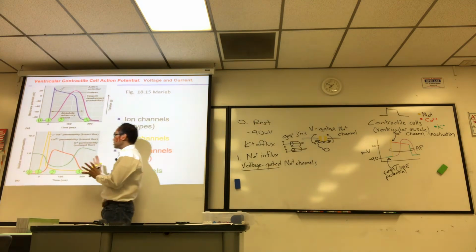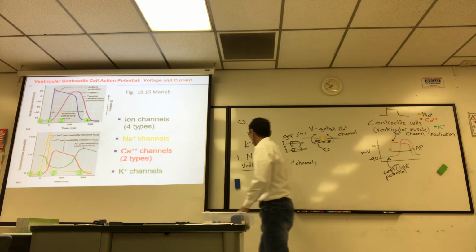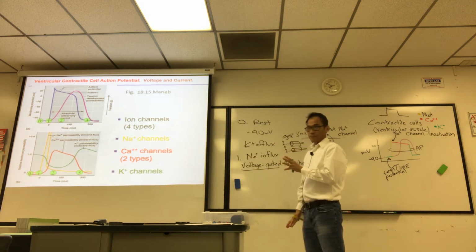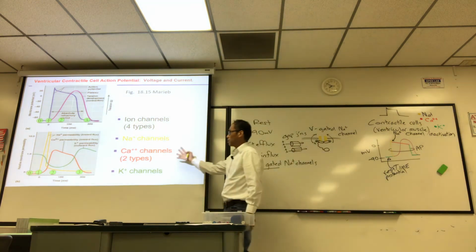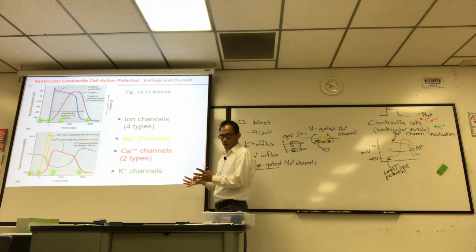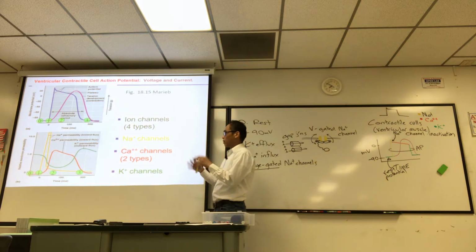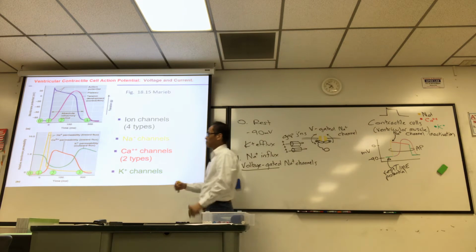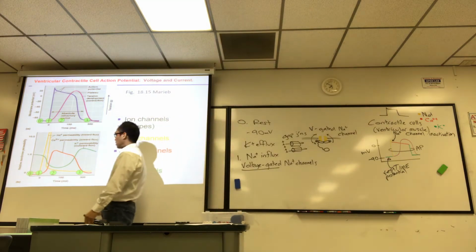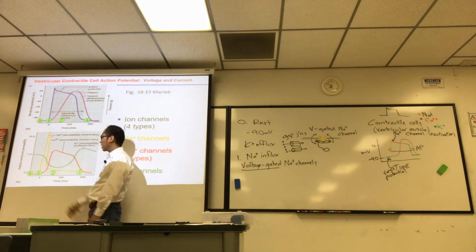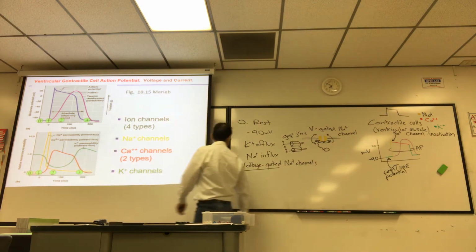So these sodium channels, they open and close really fast. These other channels, they're also voltage gated. Their kinetics are just slower. They open and close slower. The sodium channels open and close before the other ones even have a chance to open or close. Okay, that's kind of what we see here.